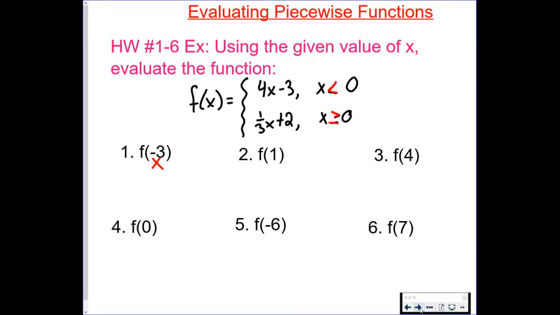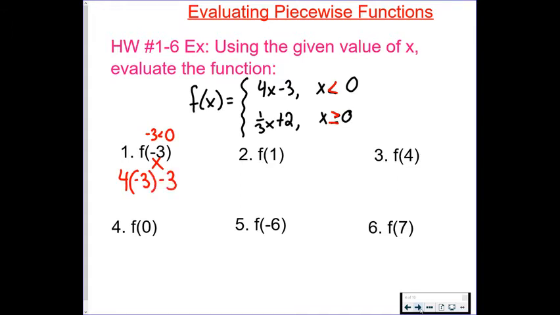So -3, is that less than 0 or greater than or equal to 0? Right, -3 is less than 0. Because it is, I'm going to plug it into my first interval. 4, in place of my x, I'm going to put -3, minus 3.